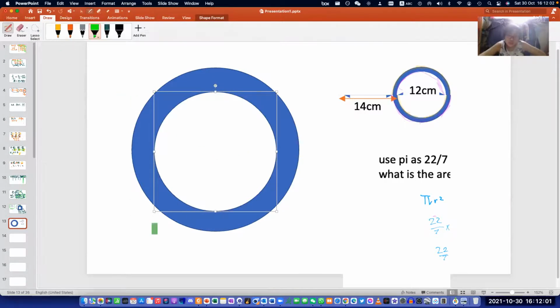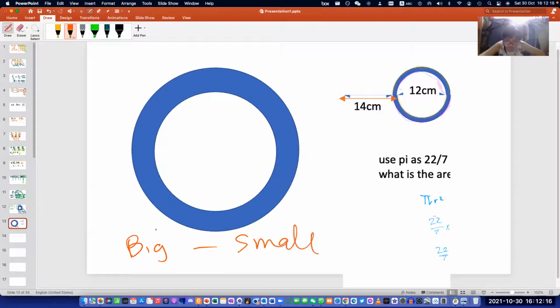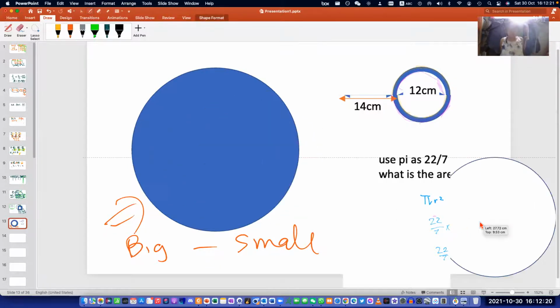So the strategy is always what? Find the bigger one, minus the smaller one. So what is the big one here in this case? The big one is the larger circle.